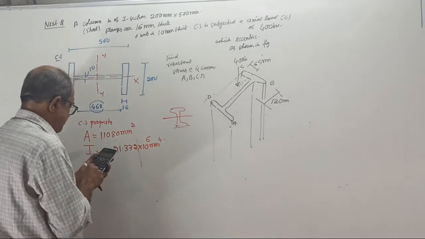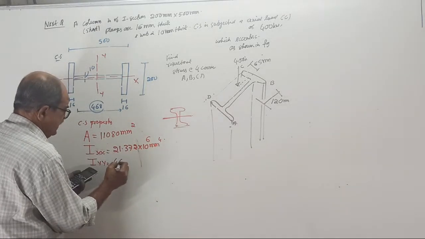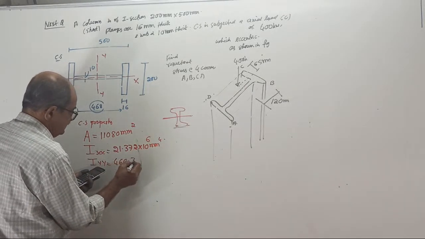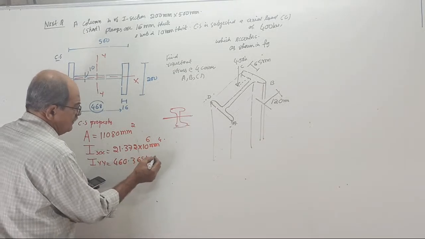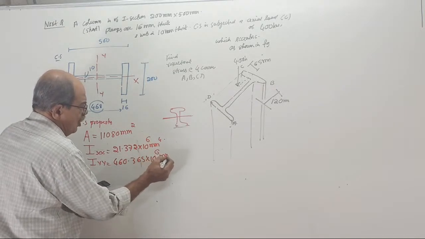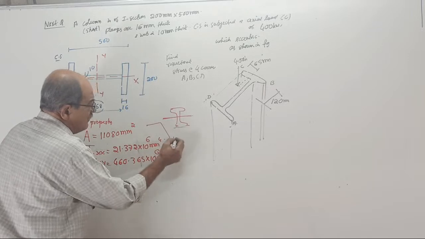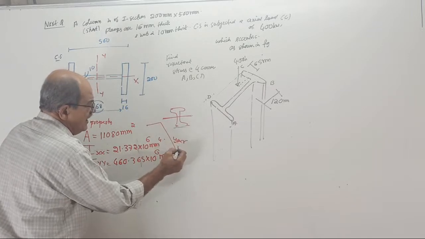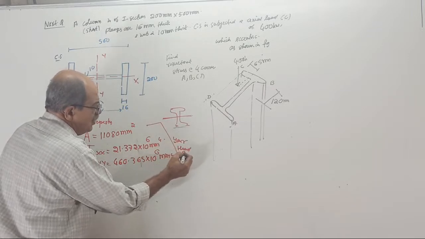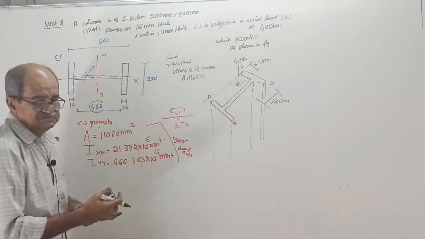IYY will be 460.365 times 10 to the power 6 millimeter to the power 4. This is your problem. This is your headache, not my headache.